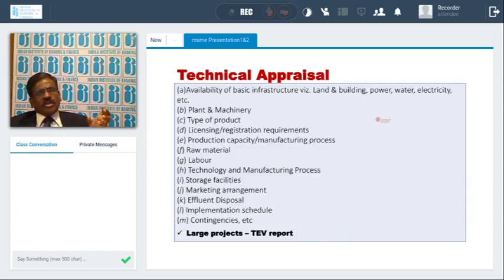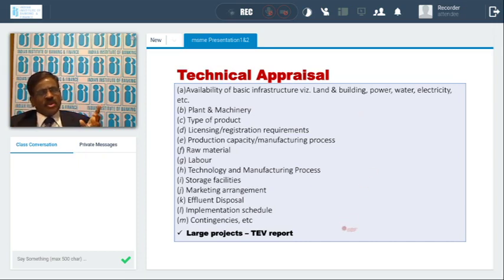In the technical appraisal, what is the basic infrastructure available? What is the land, building, whether the raw material and labor are available or not, what is the technology process, whether he has a storage facility, a marketing arrangement, and how he is treating the effluent and pollutants, etc. What is the implementation schedule, how he is going to get the funds, etc. All these things you can incorporate in the technical appraisal.